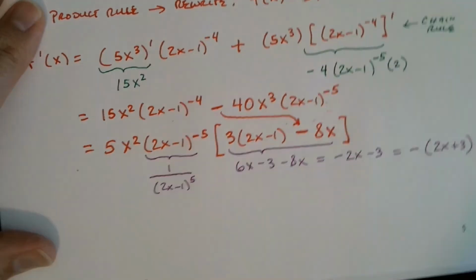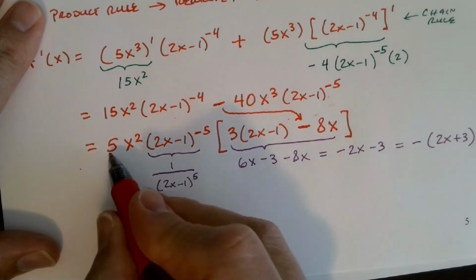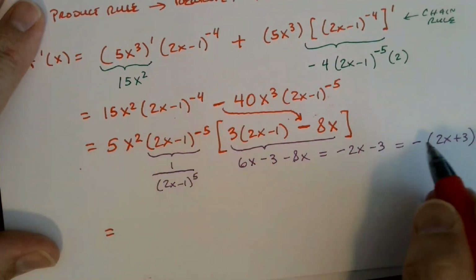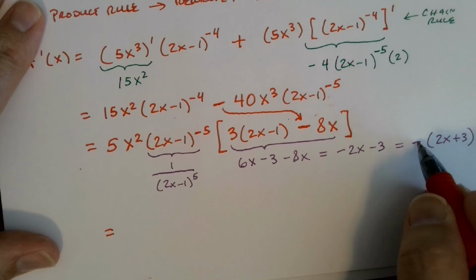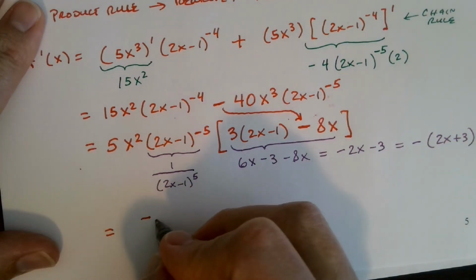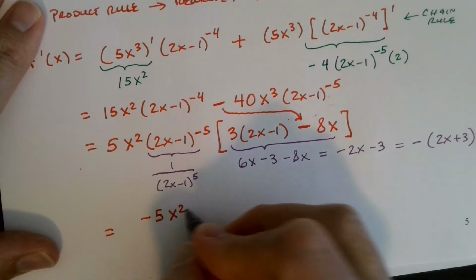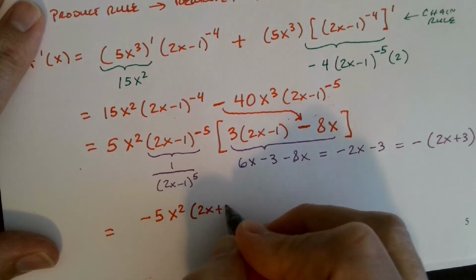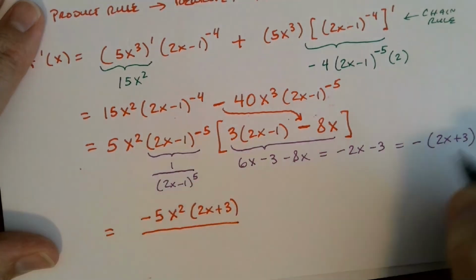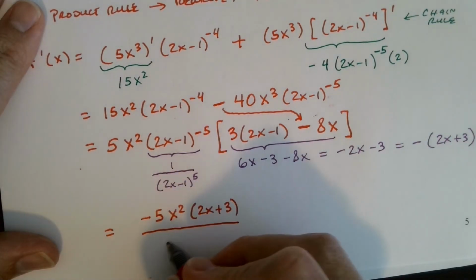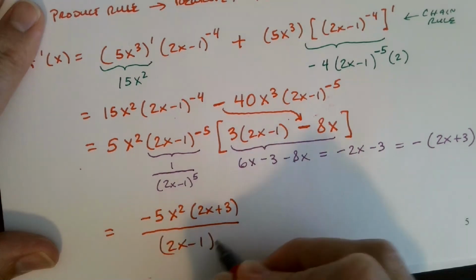And my final result is, up top, 5x squared times a negative 1 times 2x plus 3, so that negative comes up in front, negative 5x squared times 2x plus 3, over 2x minus 1 to the 5th.